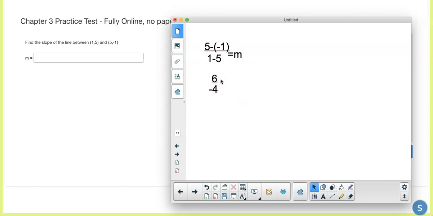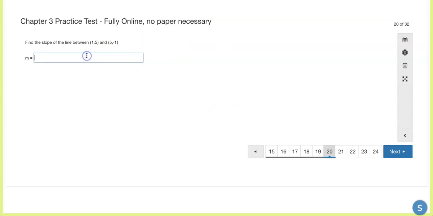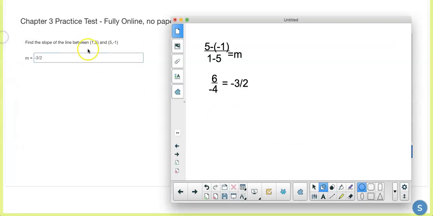And that is equal to, when I simplify that one down, negative 3 over 2. Okay, dividing both of them by 2. So there's my answer for this one, negative 3 over 2. That's exactly how I would type it in, and then we'd be good to go.